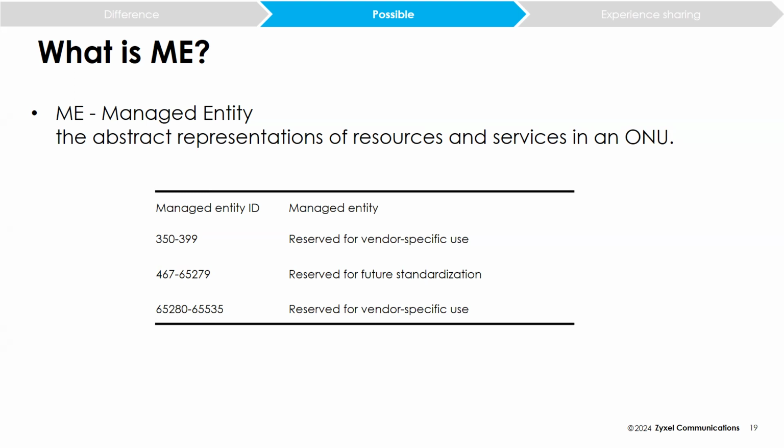Okay, and apart from those standard NEs, the other NEs are called private NEs, with entity IDs from 350 to 65535. And those NEs are reserved for vendor-specific use or for future standardization.